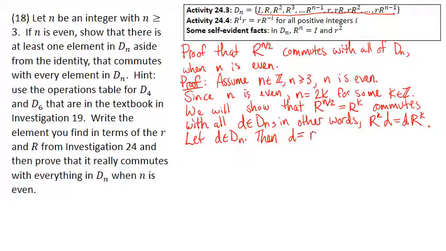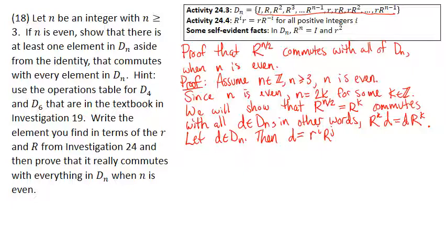So I'm going to put little r to an exponent. Let's just call it i. I give up. Okay, so r to the i times big R to the j.